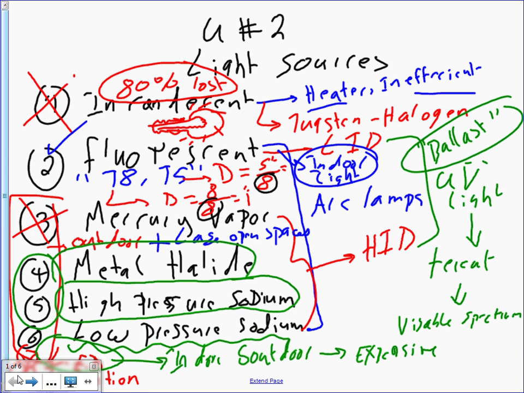This is how good a fixture is. If you look at the lumen maintenance curve, after 25,000 hours, percentage of initial lumen, mercury has 40% of the lumens coming out of it left. What happened to the other 60%? Down the drain. You can see these curves. Every fixture has a curve.